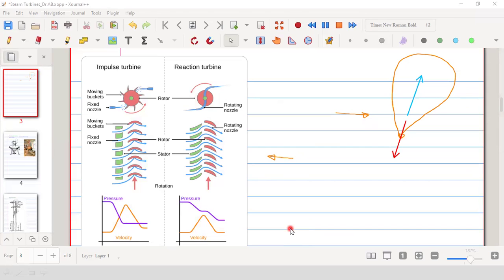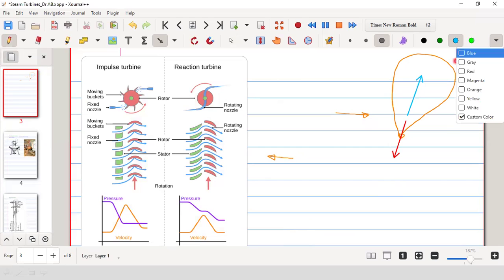Let me show. They are actually in different, parallel planes.